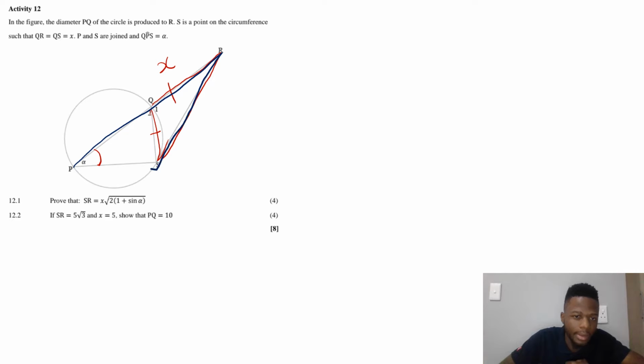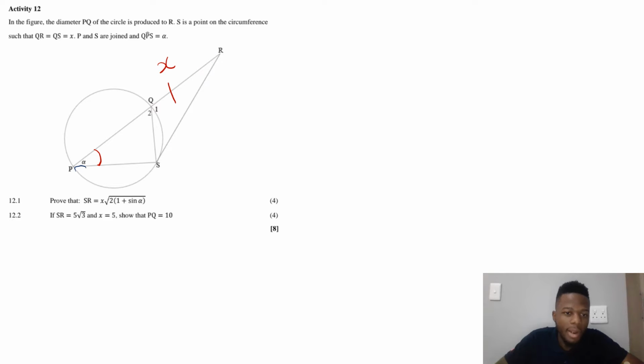These two triangles. So first, you need to check which triangle you are going to use to find RS. To choose a triangle, you must have enough information. So let's check which triangle has enough information to find RS.